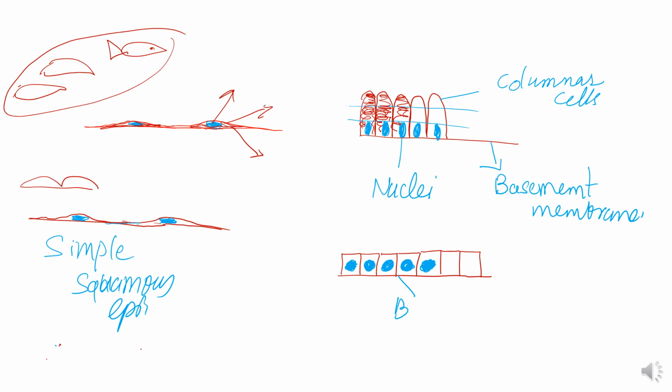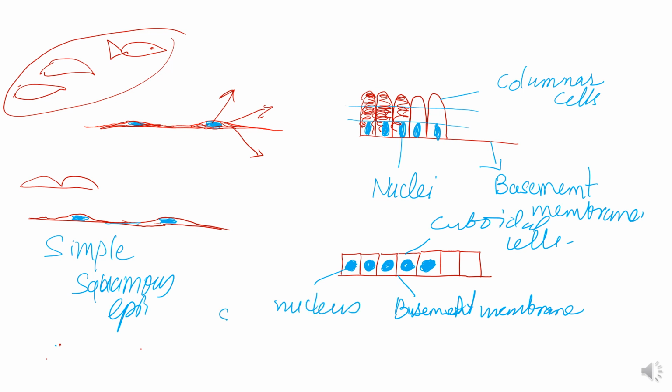Here again you will label the basement membrane, the single layer of cuboidal cells, the nuclei, spherical nucleus, and again the cytoplasm. Don't forget to draw the cytoplasm in these cells.